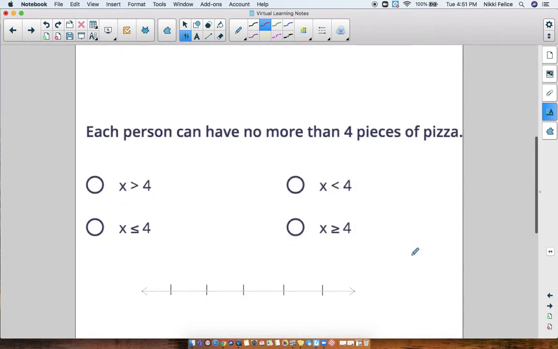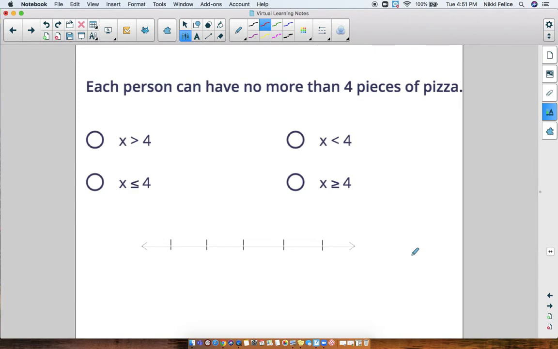Okay. Each person can have no more than 4 pieces of pizza. So what does that mean? Can I eat 10 pieces of pizza? No, I can't go over 4. Can I have exactly 4 pieces of pizza? Yes, I can. So this is not a possible answer, and this is not a possible answer, because I'm allowed to have exactly 4, but I can't go over 4.